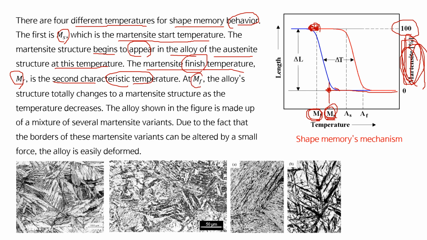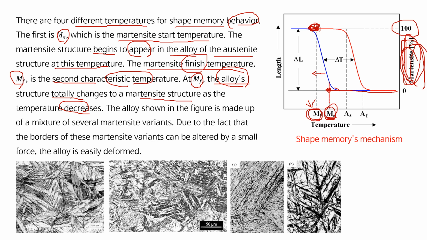At Mf, the alloy's structure totally changes to martensite as the temperature decreases. So if we reduce the temperature, at this temperature the alloy consists of all martensite structure.